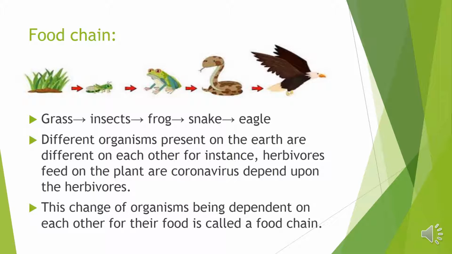For example, grass is eaten by insects, which in turn are eaten by the frog. The frog is consumed by snakes. This is said to form a food chain. Many food chains can be found in the forest.